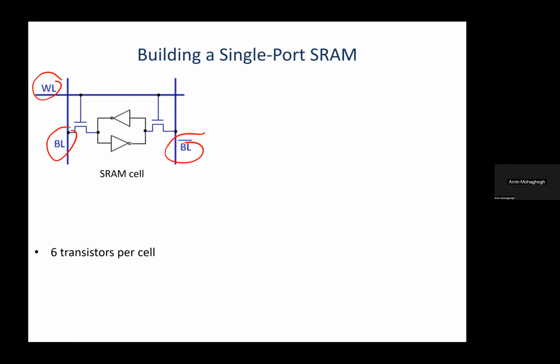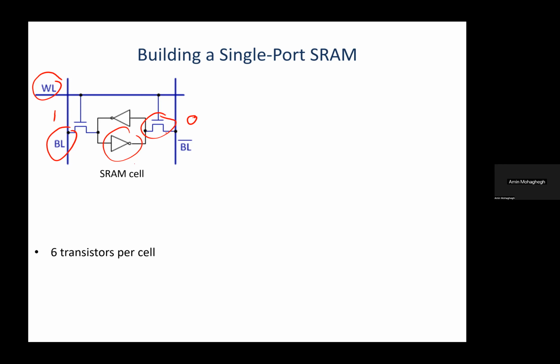If you look inside these inverters, there's a pull up and a pull down. The pull ups are built to be weak. If I put a logic 0 on the bit line bar, which means I'm trying to write a logic 1, this access transistor is more powerful than the pull up inside this inverter, so it'll overpower that pull up.